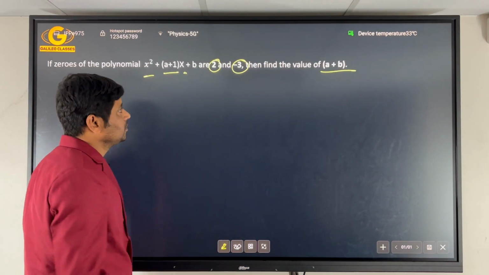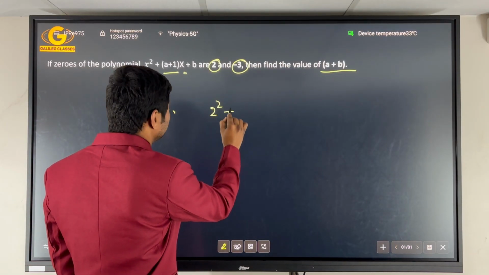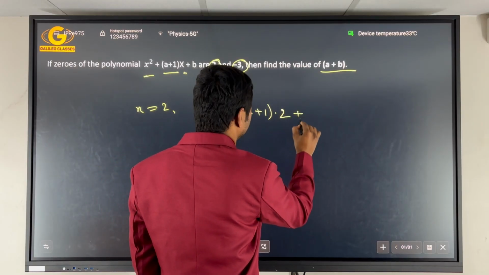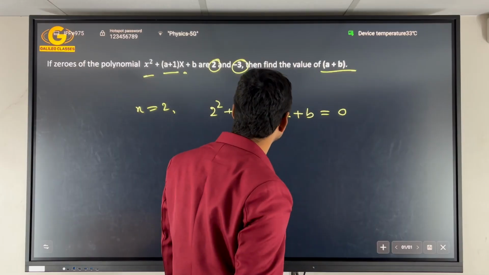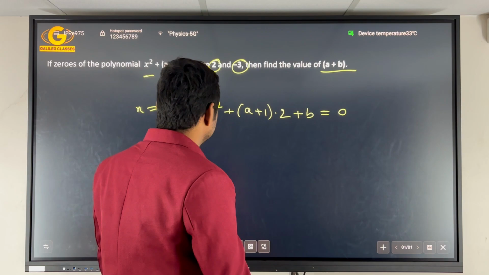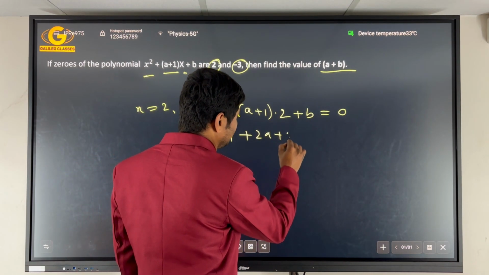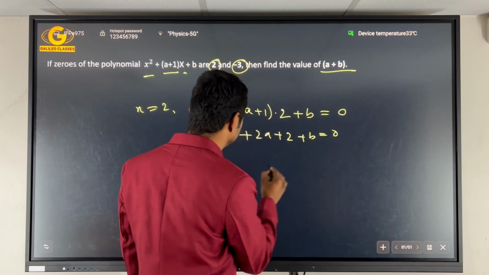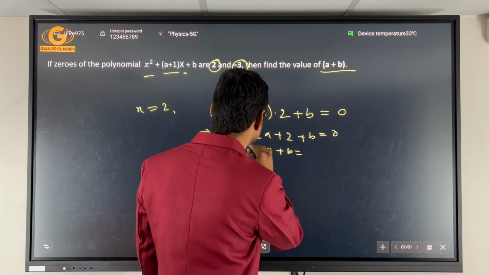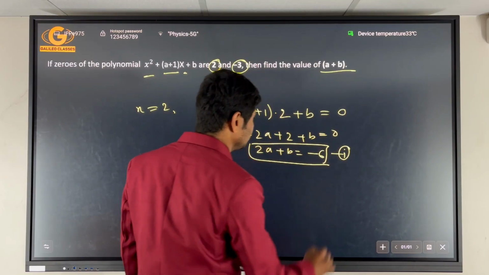So roots are given, so putting x is equal to 2: 2 square plus (a plus 1) into 2 plus b is equal to 0, as 2 is the zero of the polynomial. 4 plus 2a plus 2 plus b is equal to 0, and it will be 2a plus b is equal to minus 6. This is the first equation.